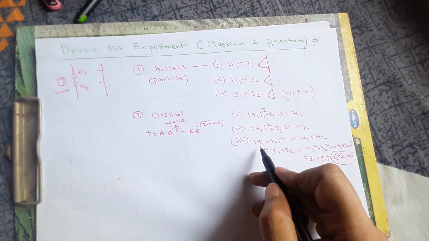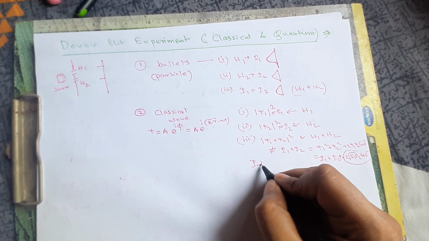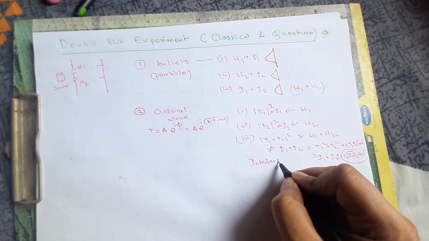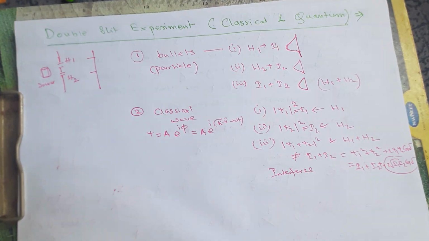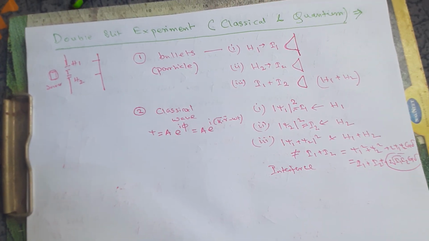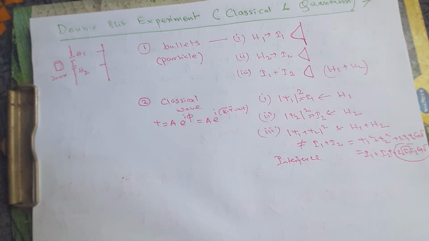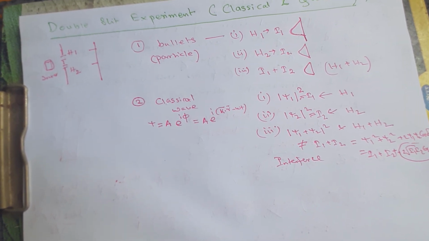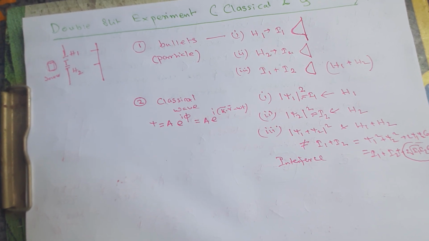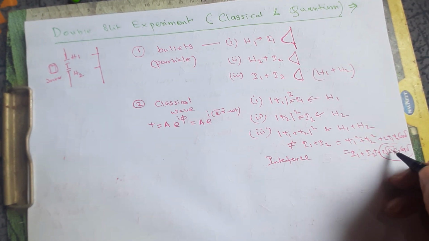This is what we call interference. In the case of waves, the intensity doesn't directly add up. Instead, the waves' individual amplitudes add up and then get squared, and we get an extra term.